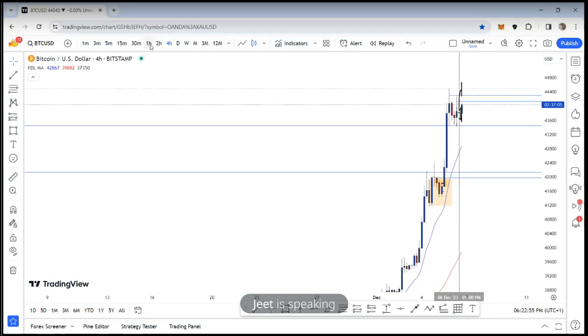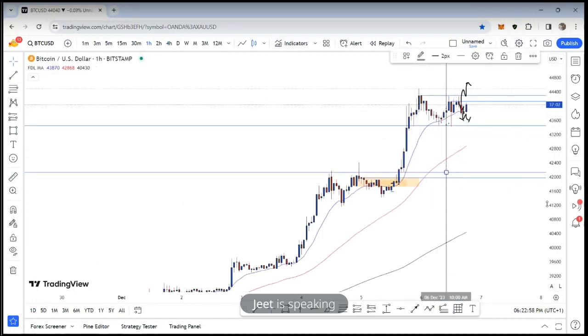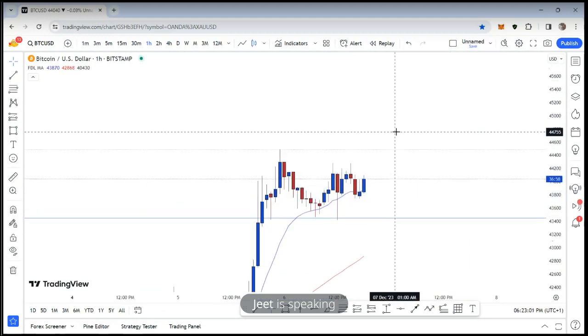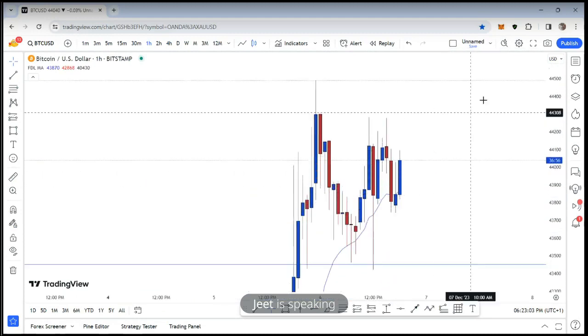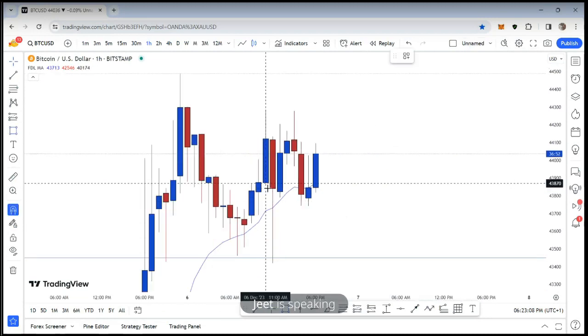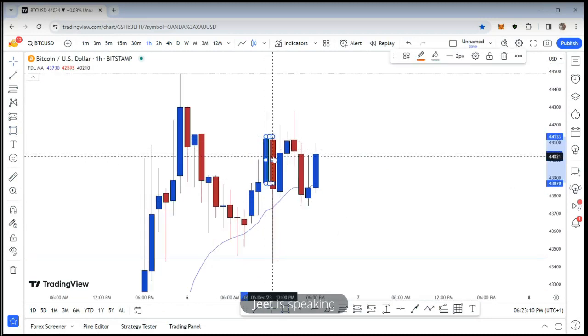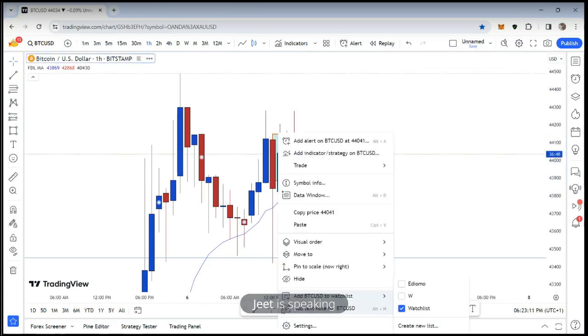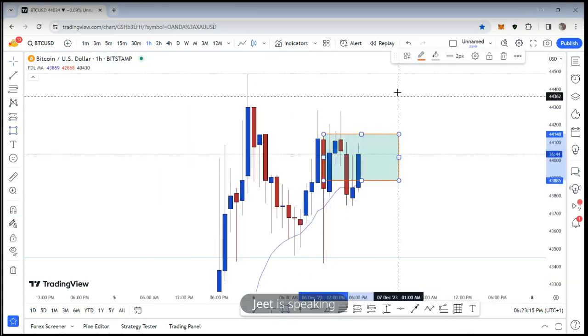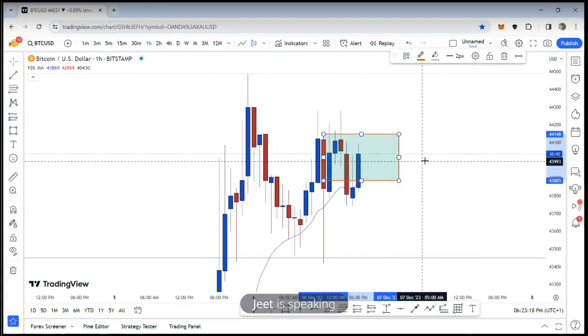There was a zone I wanted price to break on BTC. Okay, fine. I wanted price to break this zone right here, but price did not break that zone.